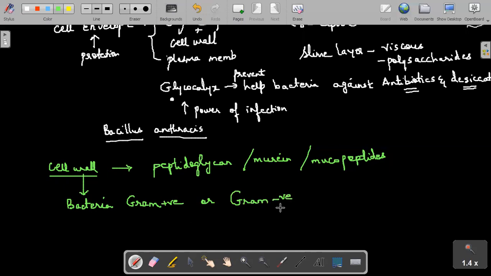Sir Christian Gram was the one who came up with the gram staining technique. Based on his technique, we can first differentiate bacteria into gram positive or gram negative.